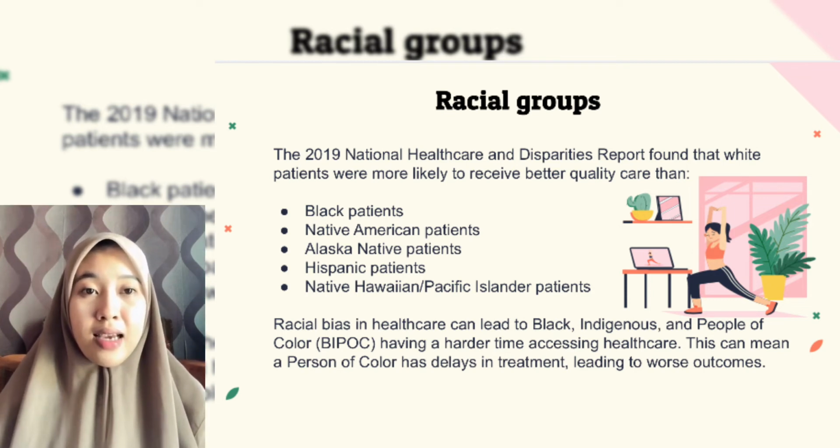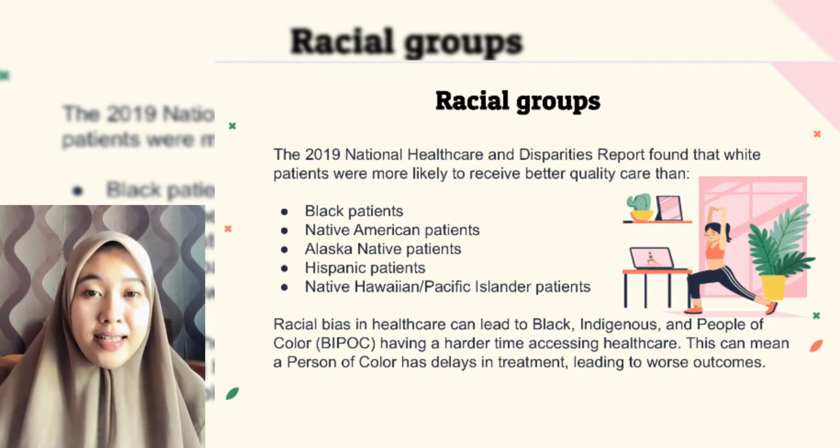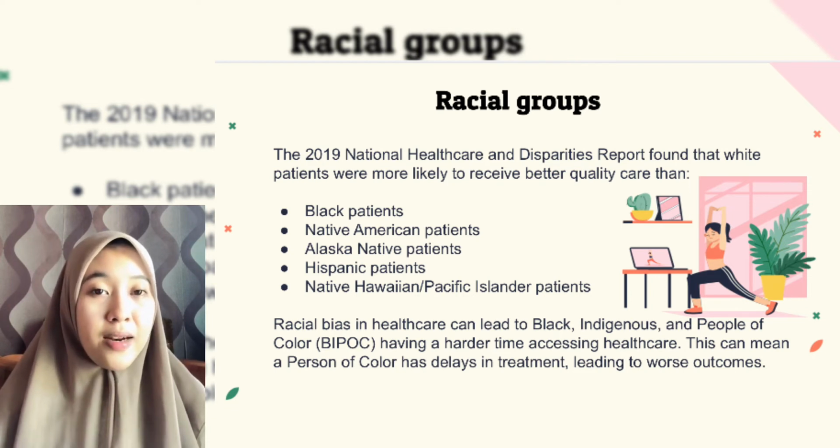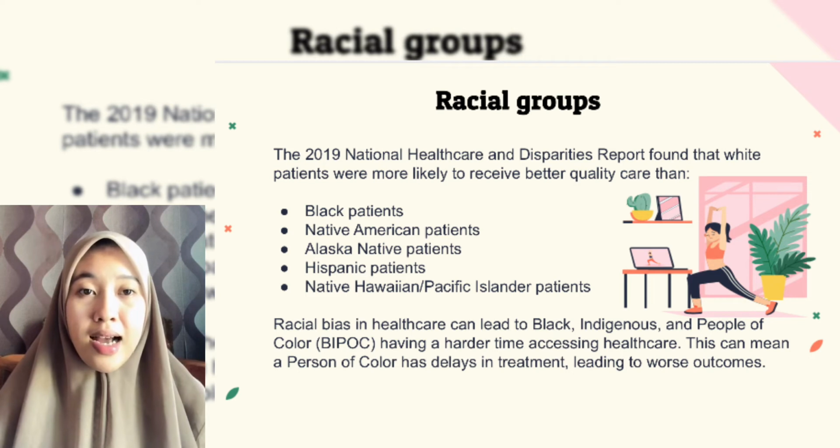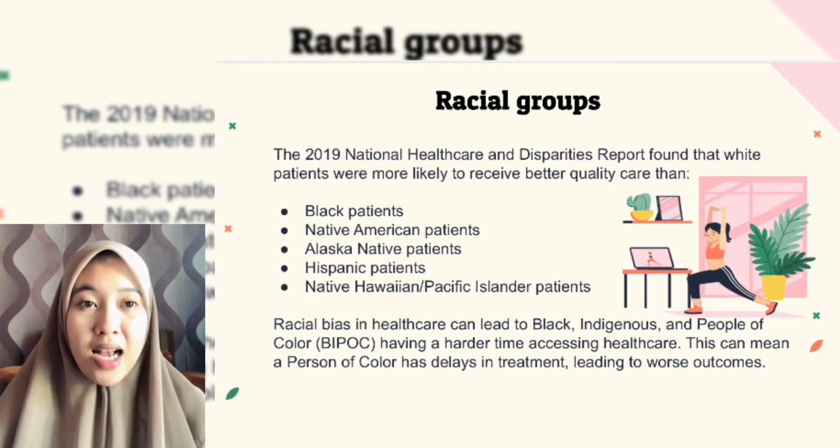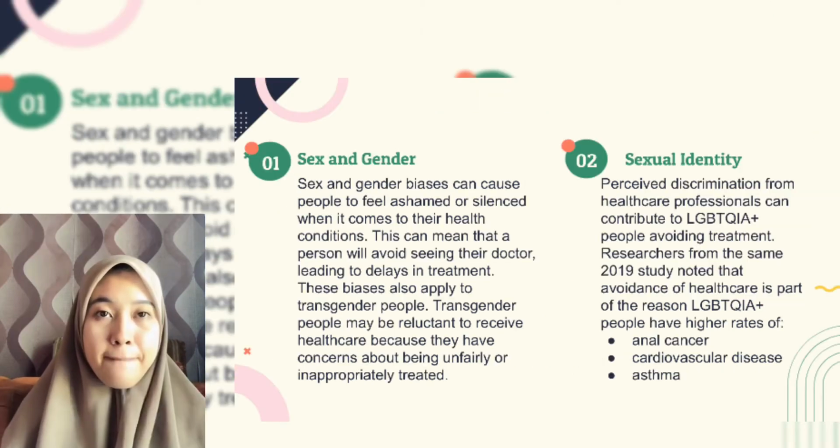Racial bias in healthcare can lead to Black, Indigenous, and people of color having a harder time accessing healthcare. This can mean a person of color receives less effective treatment, leading toward worse outcomes.